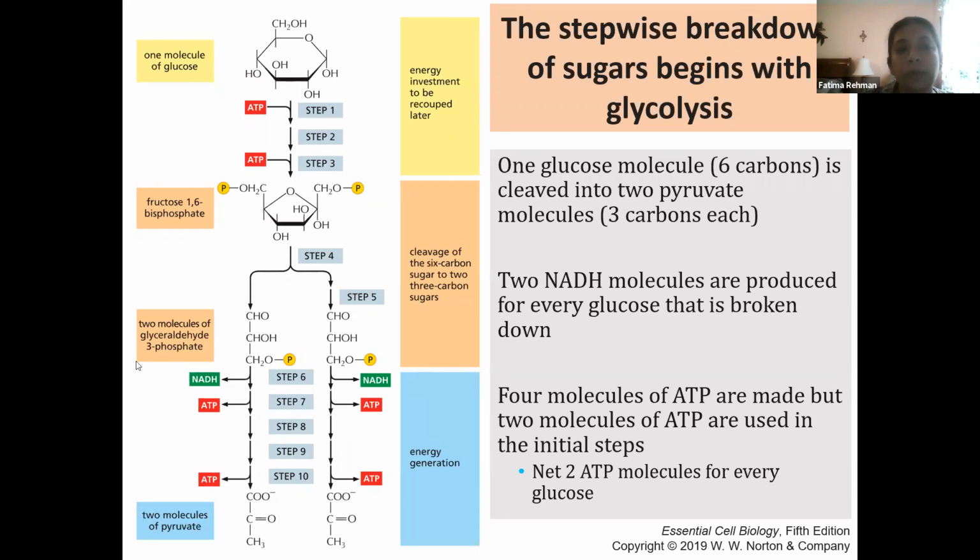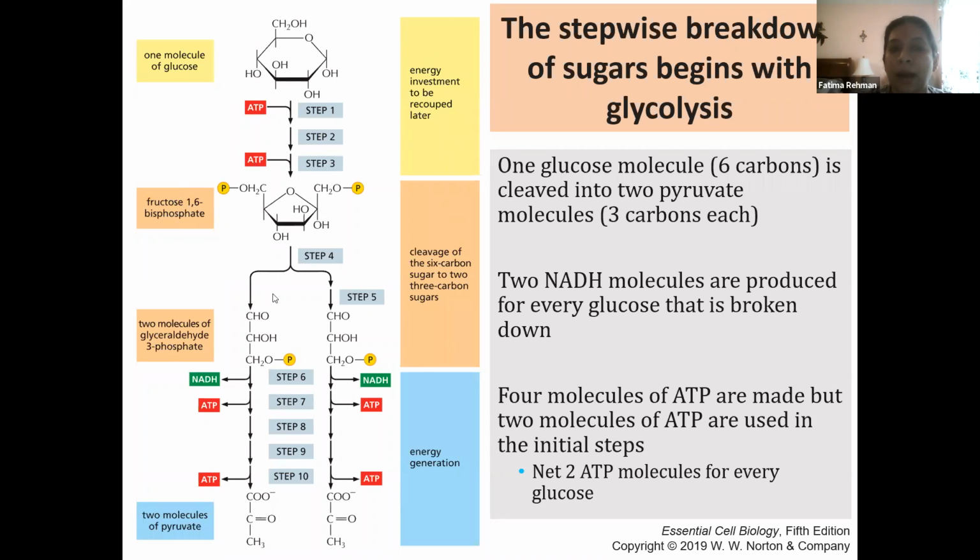You do not need to remember all 10 steps. What you do need to know is that step 1 to 3 is your energy investment phase. Step 4 through 6 is where you are breaking down that initial molecule. You should know that you create a fructose 1,6 bisphosphate at the end of the energy investment.